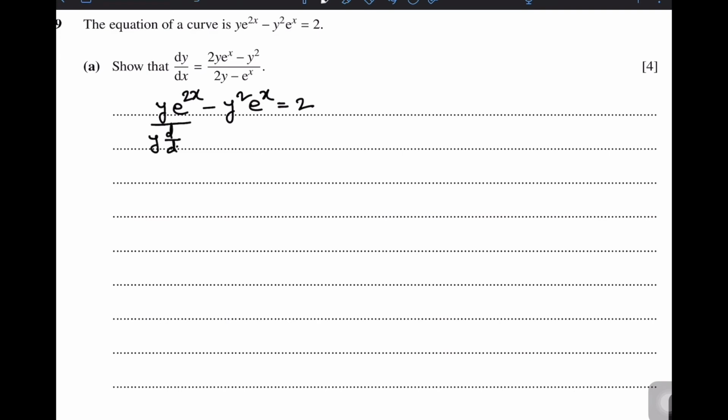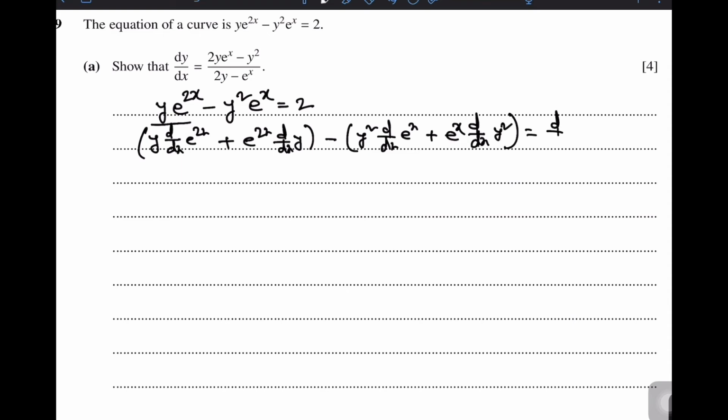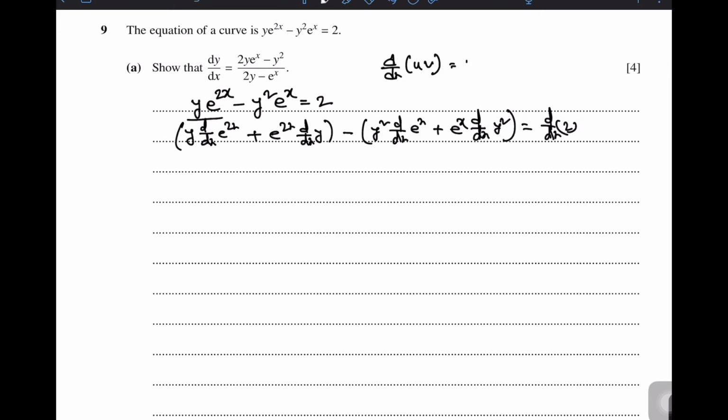So d dx of y e to the power 2x is y times d dx of e to the power 2x plus e to the power 2x d dx of y. Then minus sign: same thing, y square d dx of e to the power x plus e to the power x d dx of y square, then d dx of 2. We apply here u dv dx plus v du dx.